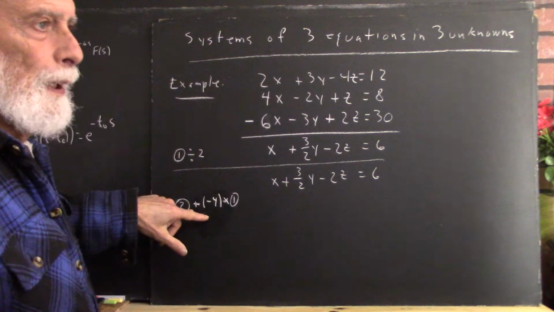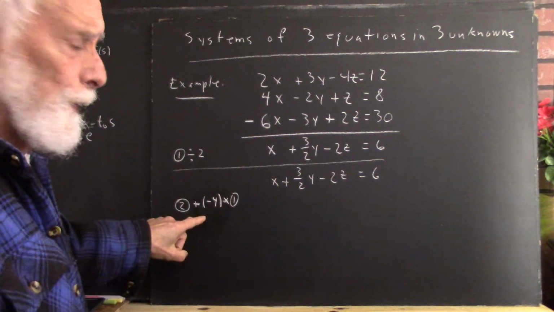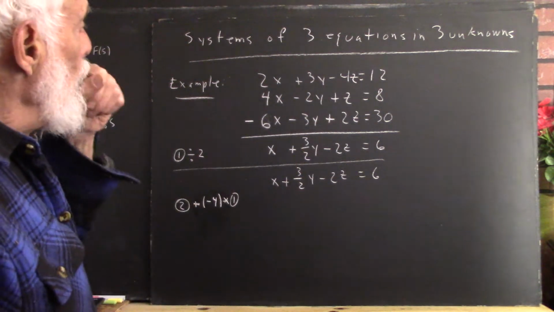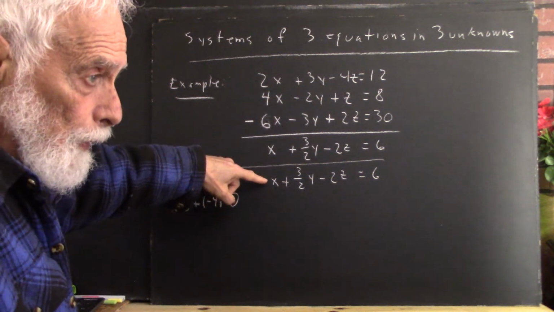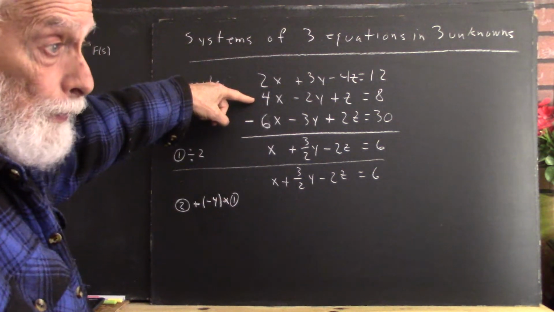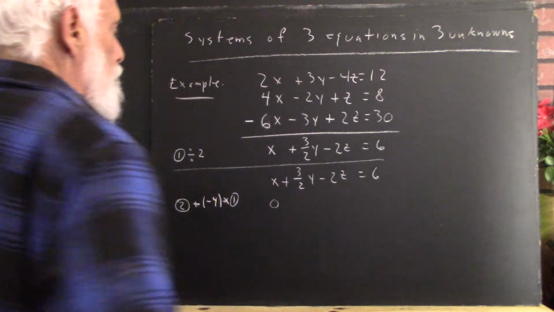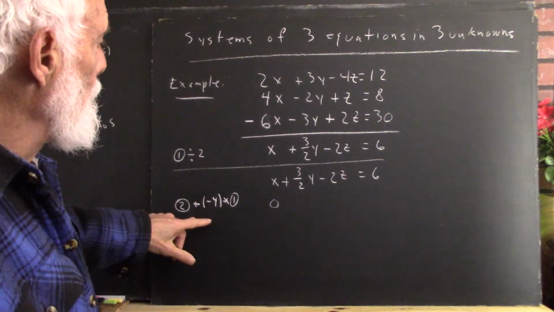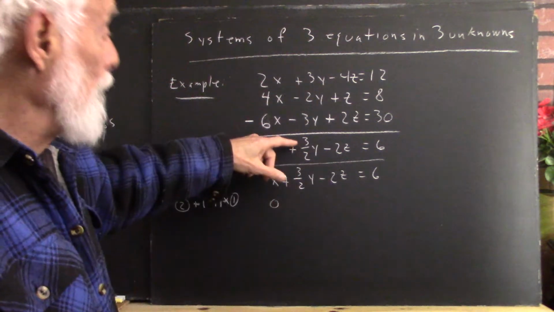I have to worry less about negative signs if I do it this way. So, negative 4 times x is negative 4x. I add that to 4x and I get 0. Negative 4 times 3/2 y is negative 2y.